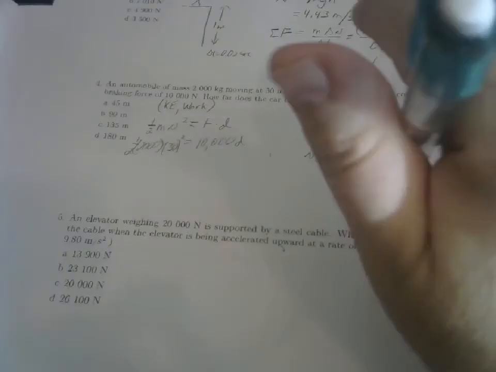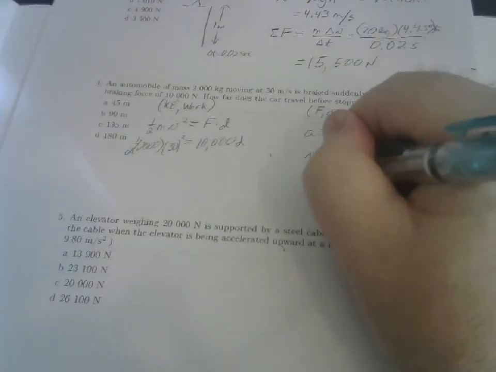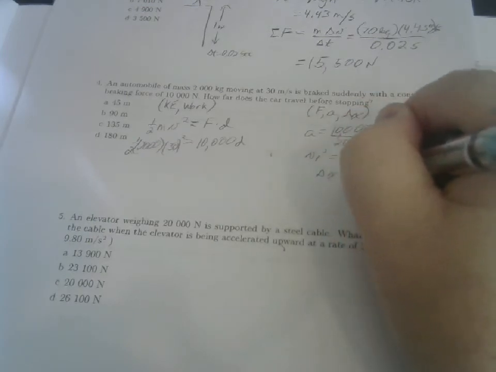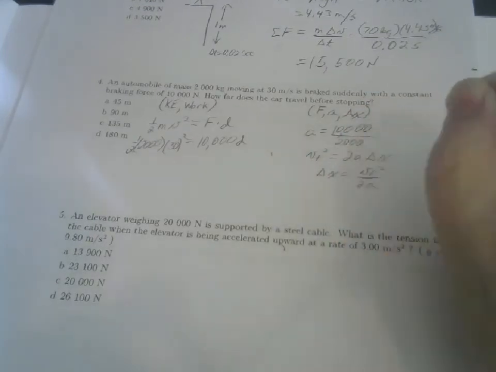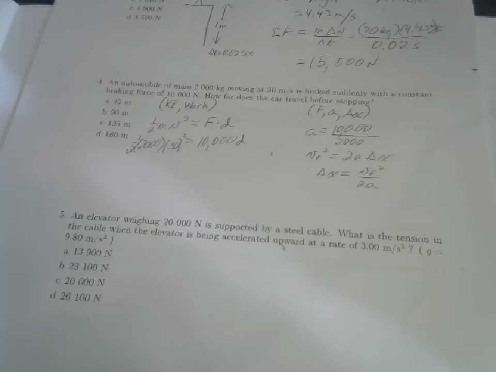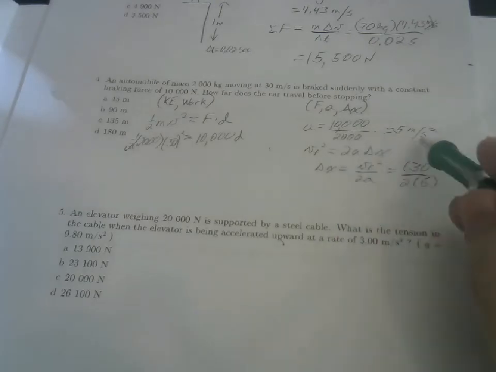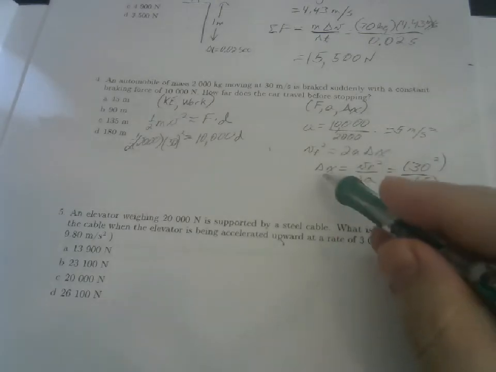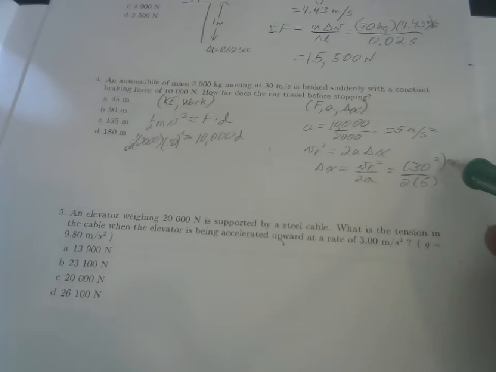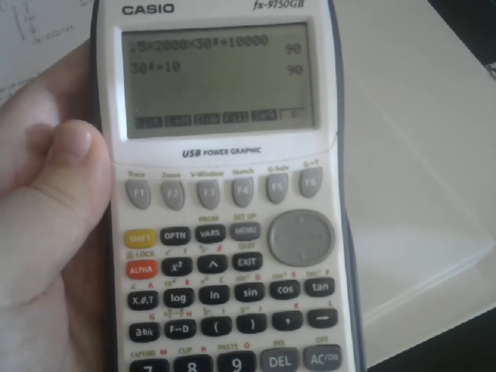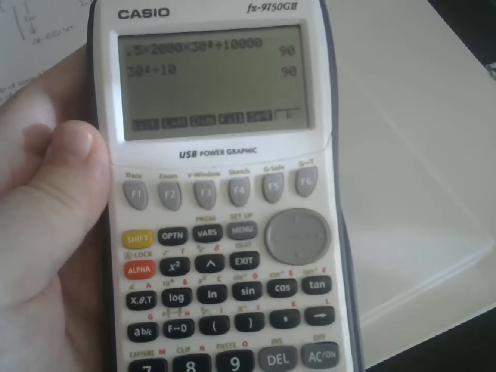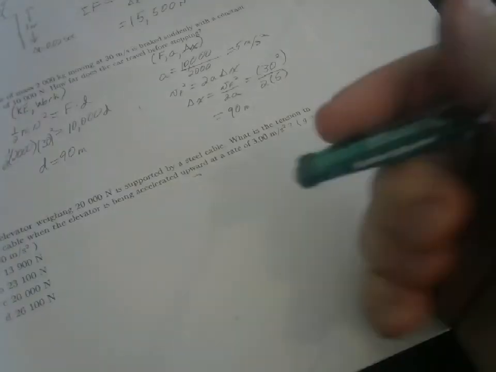So delta x equals v final squared divided by 2a. So the acceleration is 5 meters per second squared, and the distance traveled is 30 squared divided by 2 times 5. And you can see that both forms come out to be 90 meters. So the answer is B.